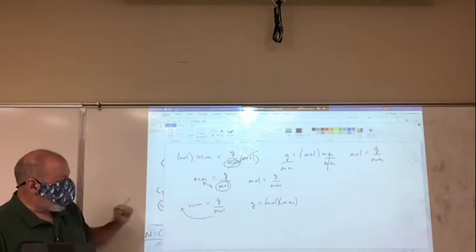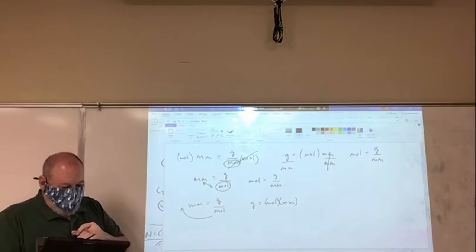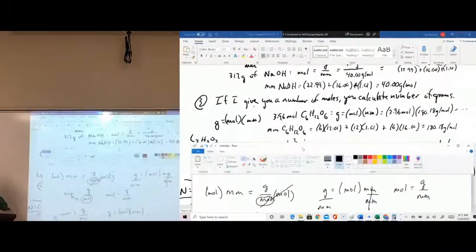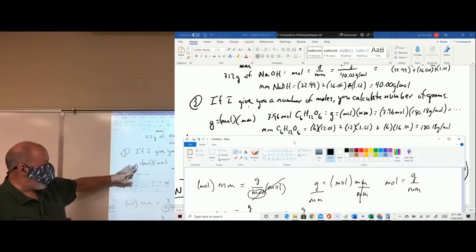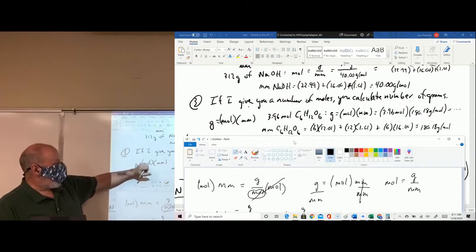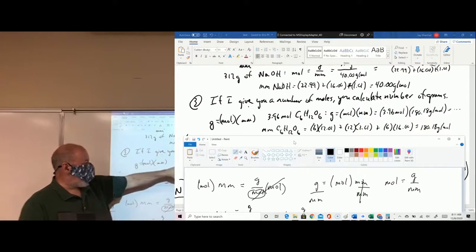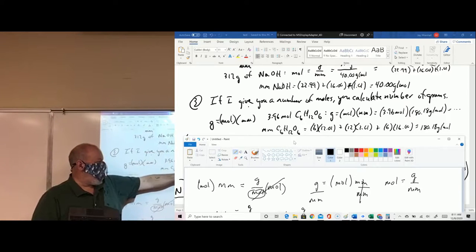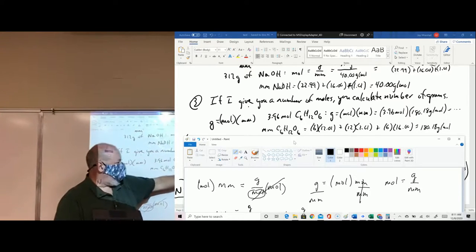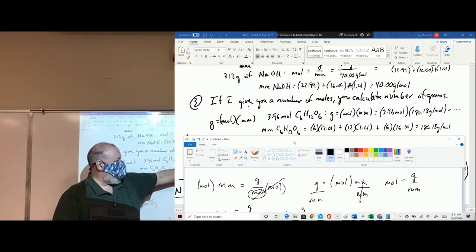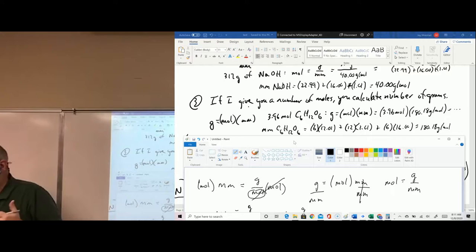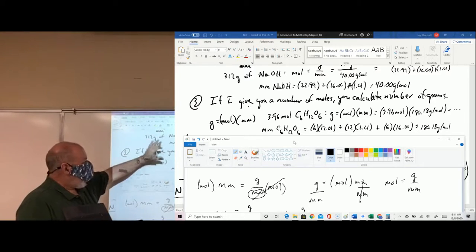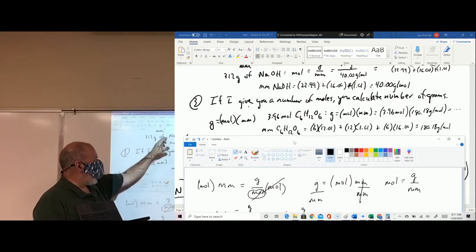Okay? So, any questions about basic use of the molar mass formula? If I give you a number of moles, for example, 3.96 moles of glucose, you would have to figure out what the molar mass was, but you would multiply moles times that molar mass, and that would give you the number of grams. Any questions about how I get from the molar mass formula to these other two formulas?